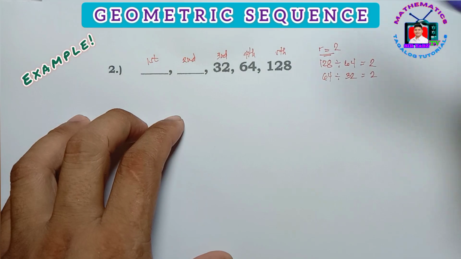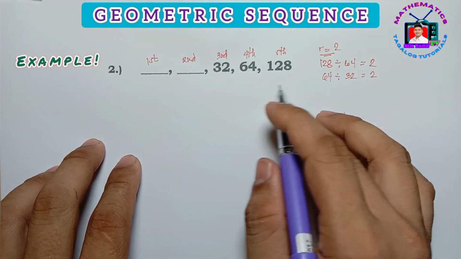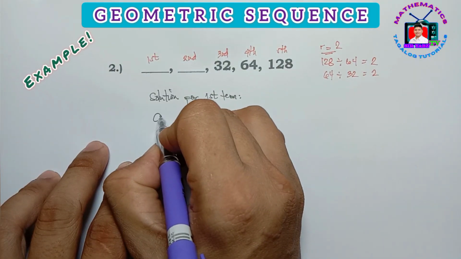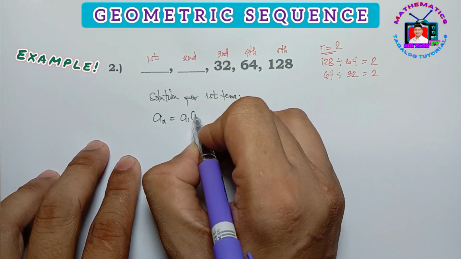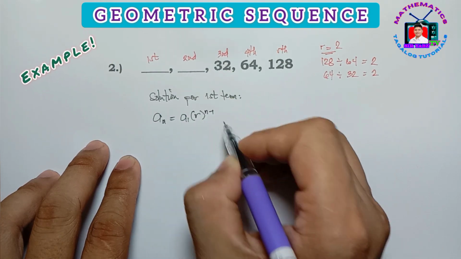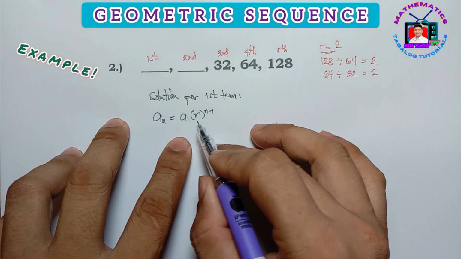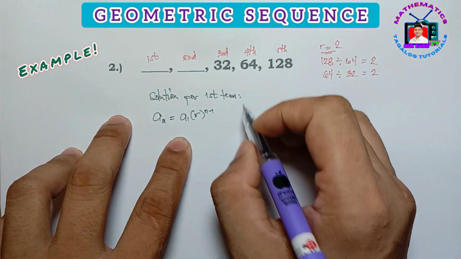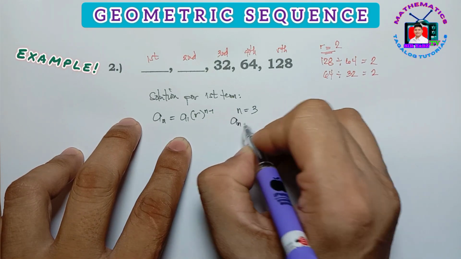So, in this example, we need to solve for the first term first so we don't make a mistake in the second term. Okay? So, the formula, a sub n equals a sub 1 r raised to n minus 1. This time, we need to locate the requirements of our formula. So, with the use of 32, that is the one we will use as our a sub n.